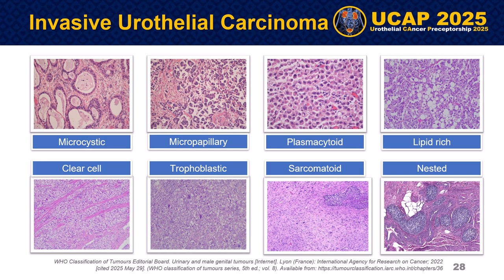Invasive urothelial carcinoma is remarkable for its diverse morphological appearances. A single lesion can display an admixture of conventional urothelial carcinoma and various well-defined histological subtypes. They can have divergent differentiation ranging from squamous to glandular to trophoblastic and clear cell Müllerian. They may also have different subtypes such as micropapillary, nested, microcystic, tubular, plasmacytoid, sarcomatoid, lipid-rich, and so on and so forth.